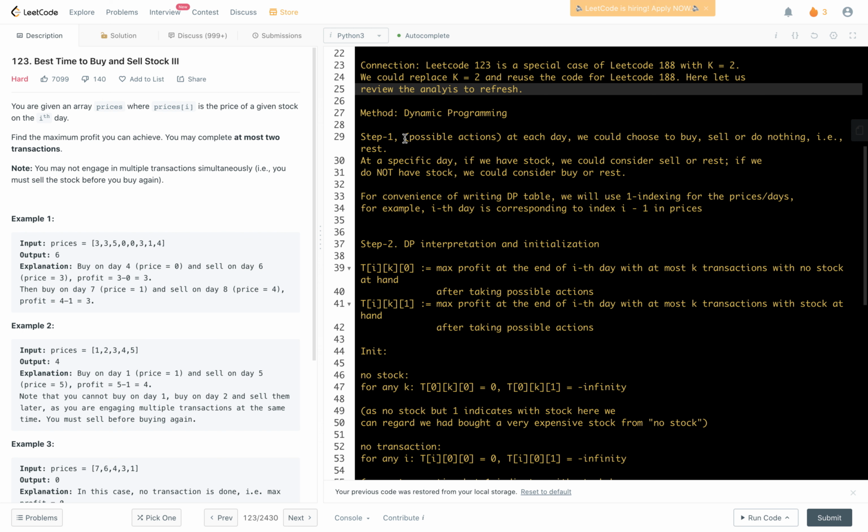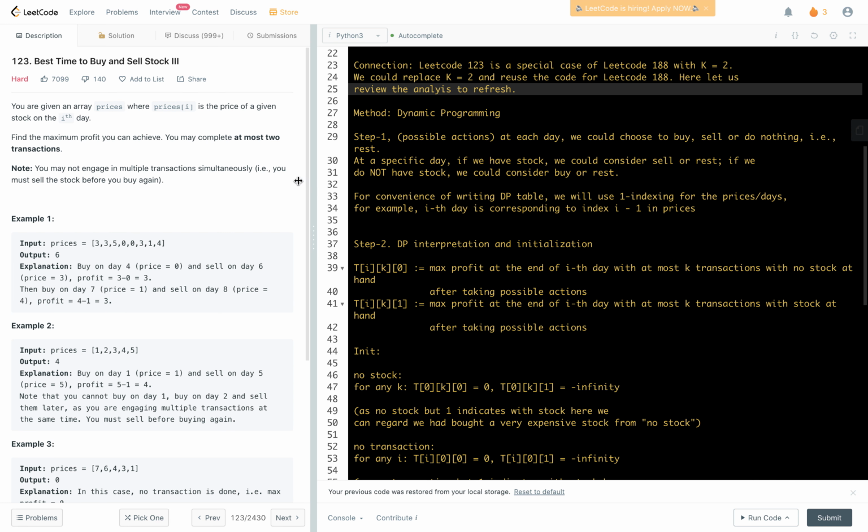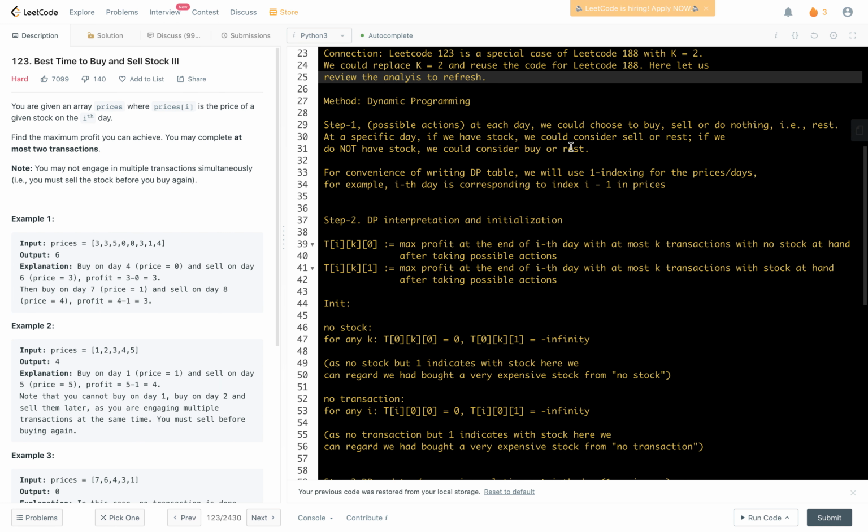Step 1 is to identify the possible actions at each day. We could choose to buy, sell, or do nothing. In other words, we rest. So at a special day, if we have stock, we could choose to sell or rest. If we do not have stock, we could consider buy or rest.